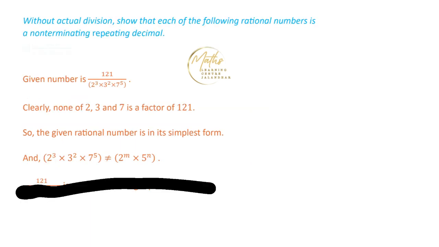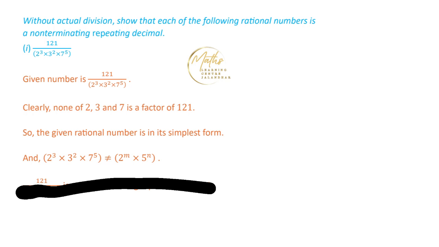Next is, without actual division, show that each of the following rational numbers is a non-terminating repeating decimal. The first number given to us is 121 divided by 2 raised to the power 3 into 3 raised to the power 2 into 7 raised to the power 5.